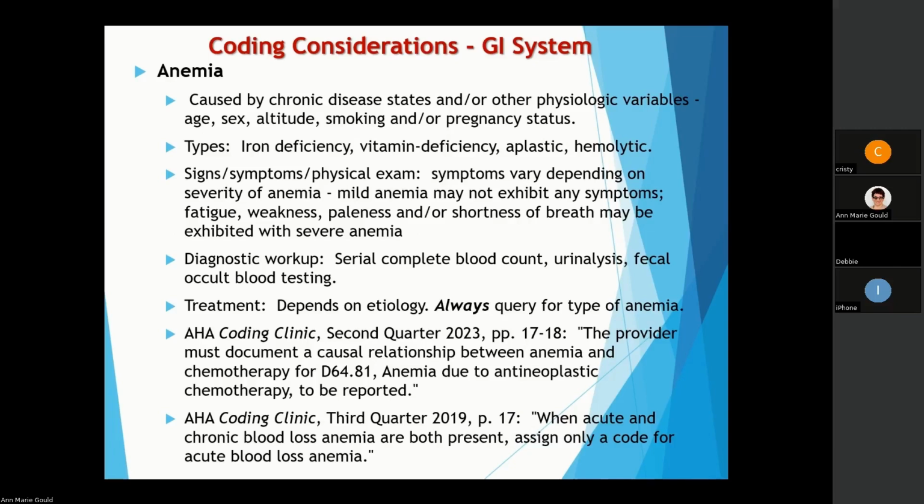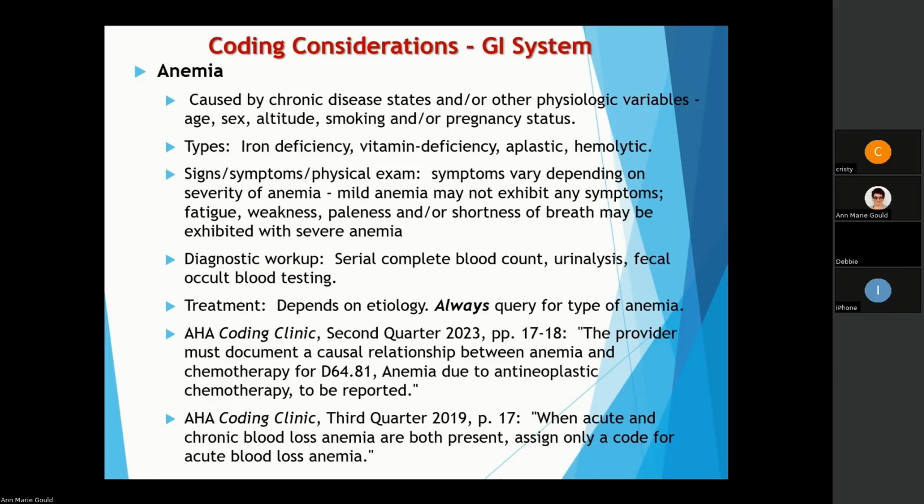So if the doc is writing severe anemia, and their H&H is like 7 and 19, and they're going to give blood transfusions, and they're a cancer patient who was undergoing chemotherapy on the outpatient side, but because their counts were so low they have to admit them to give the blood transfusion, you always want to make sure the doc is associating that severe anemia with the chemotherapy, if it's warranted. And you will capture an MCC in that respect with that link.